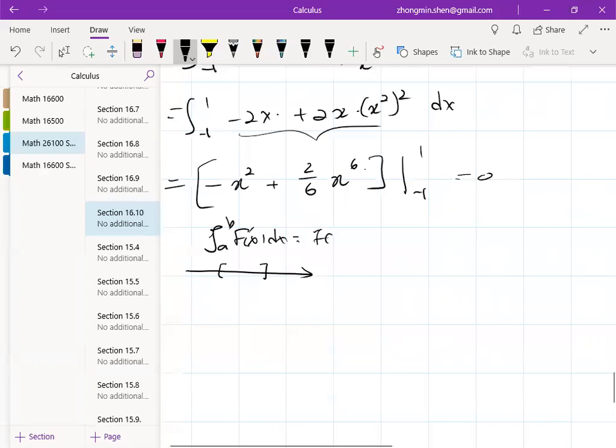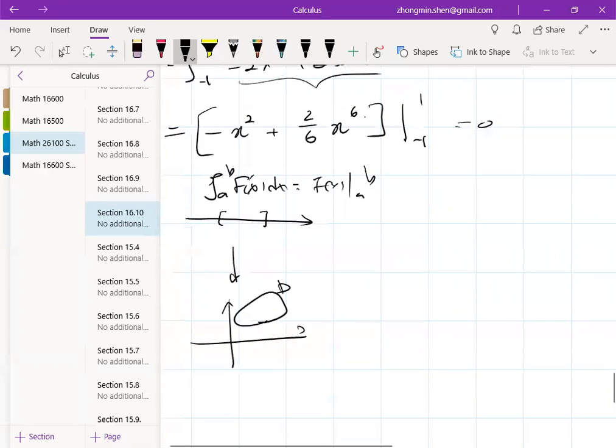This is the fundamental theorem, and it is generalized to Green's theorem. The double integral of Q_x minus P_y dA over D becomes a line integral, P dx plus Q dy.